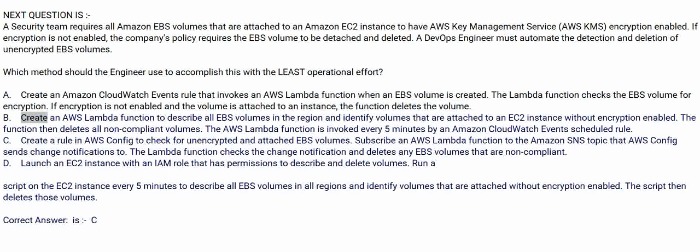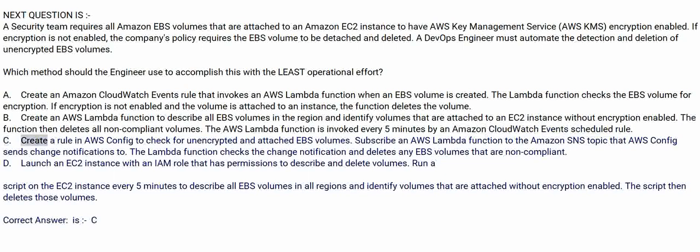B. Create an AWS Lambda function to describe all EBS volumes in the region and identify volumes that are attached to an EC2 instance without encryption enabled. The function then deletes all non-compliant volumes. The Lambda function is invoked every 5 minutes by an Amazon CloudWatch Events scheduled rule.